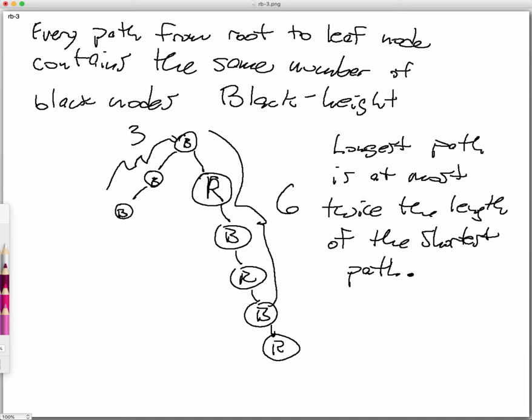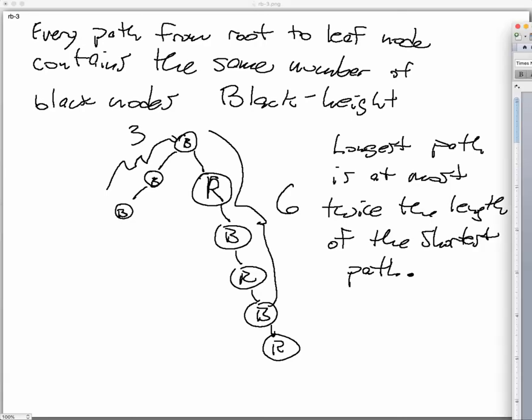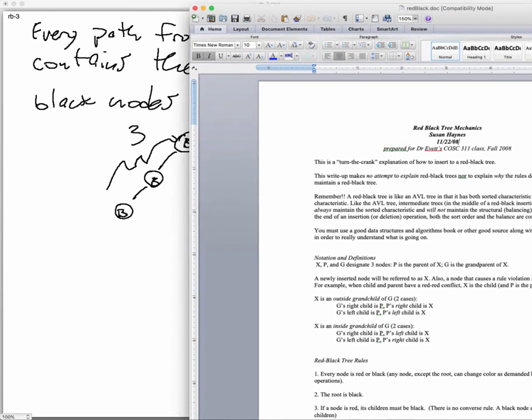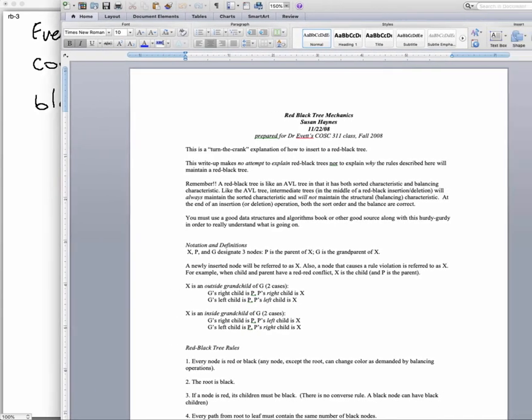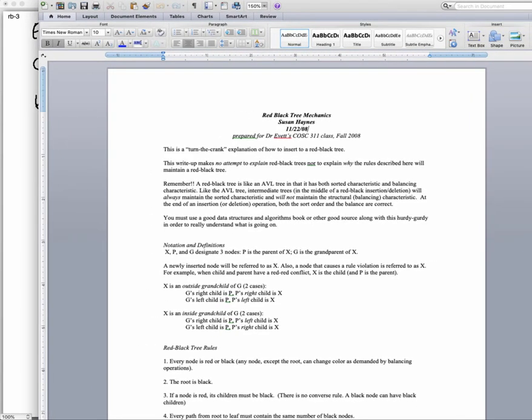Okay, let's just review that a little bit more in detail. You'll notice over here when I was drawing this, I went black, red, black, red, black, red. And you may be wondering, why aren't there any cases where there are 2 reds in a row? Well, if in constructing these trees we have adhered to the rules, and I want to point out to you rule number 3 down here, if a node is red, its children must be black.